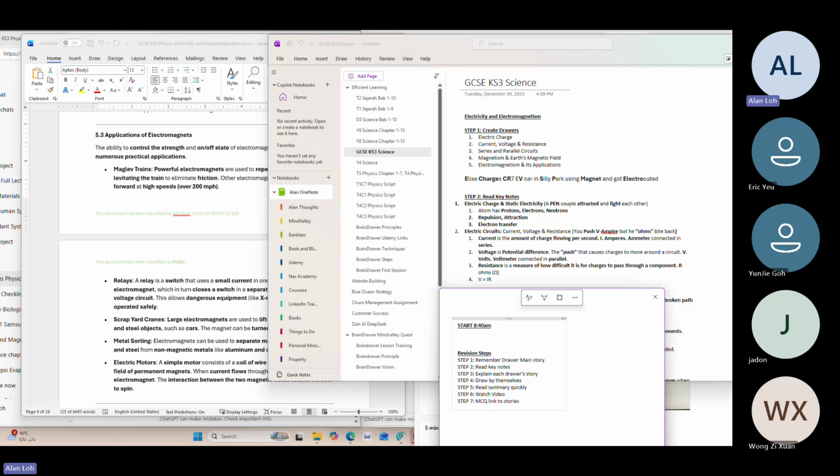And then voltage is like, voltmeter, and it's also known as potential difference, PD. And then resistance is like stopping the electric charges to pass, and it's measured in ohms.